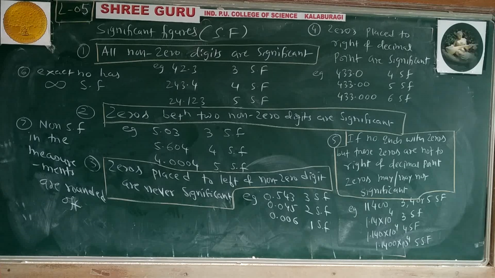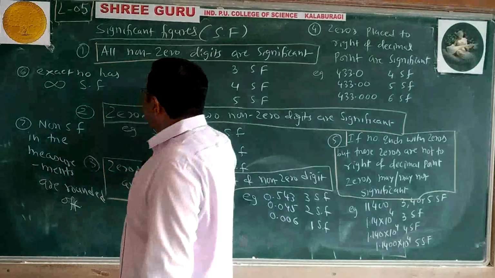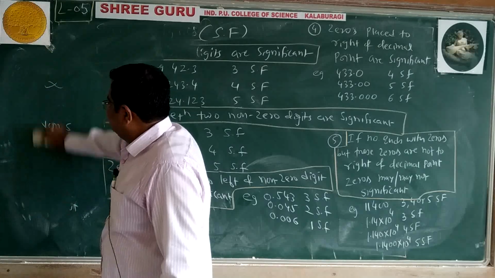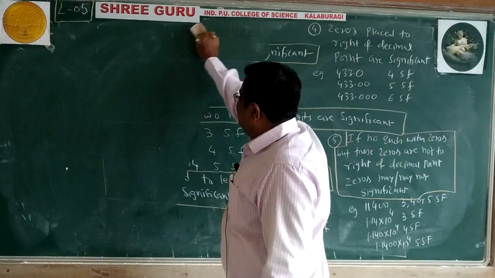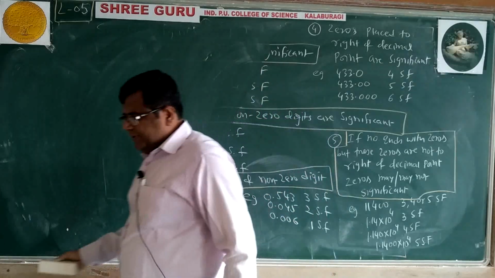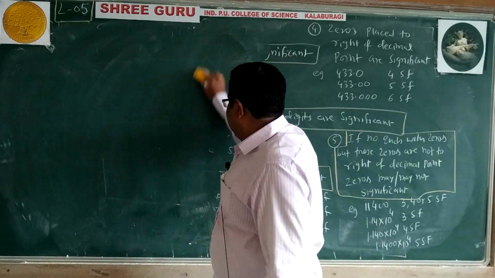But before solving the questions, we'll just see how these non-significant figures in the measurement are rounded off. To understand that, we'll make one table here to understand how rounding off is to be done with these numbers.